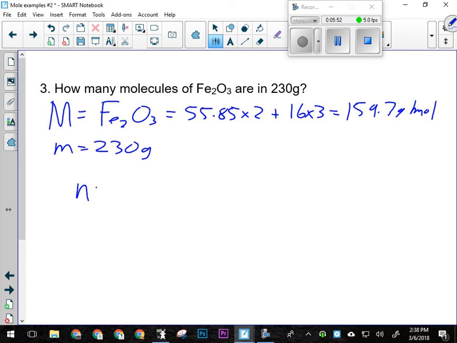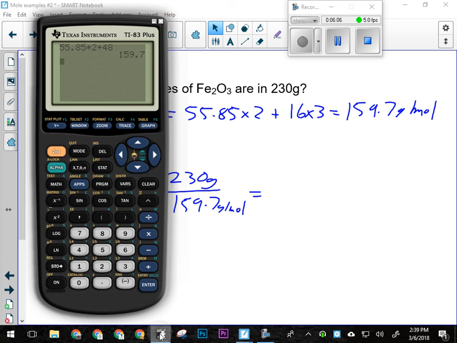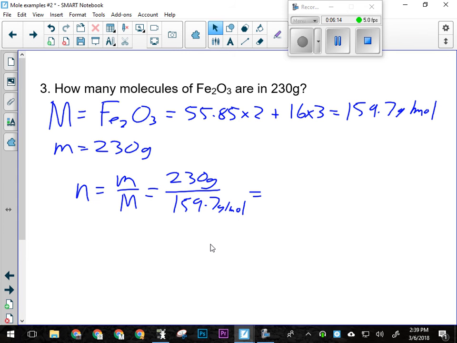At least I know I can get some marks by calculating the number of moles. So little m was 230 grams. Big M was 159.7 grams per mole. When I do this, I'm going to be left with moles. So 230 divided by 159.7. So we have 1.44 moles.